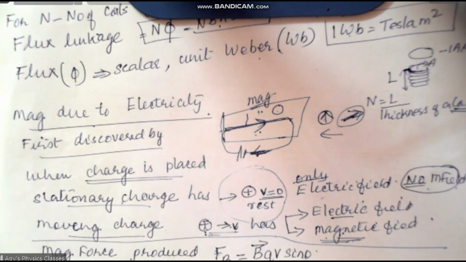The magnetic field is caused by this magnet, and every point has a magnetic field strength. The magnetic field caused by this one pushes the charge with a force equal to BQV sine theta.